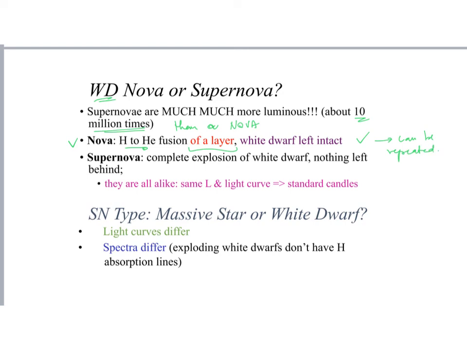Actually, that can be repeated as well, as long as you just dump more and more matter, like chunks of matter at a time, and the white dwarf limit is not reached.